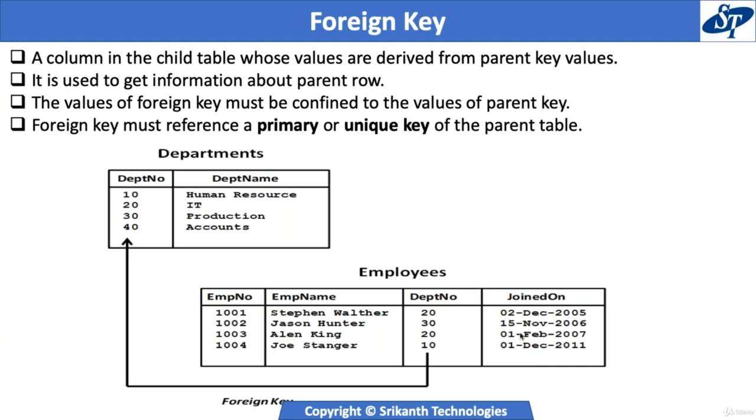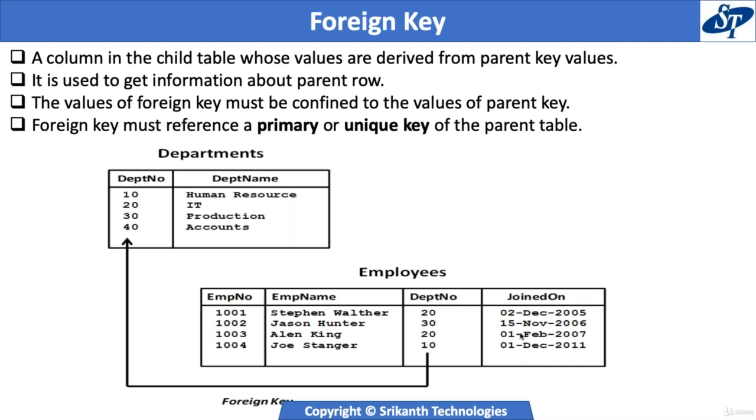So foreign key is a column that is going to refer to parent table, and using foreign key we access the row in the parent table that corresponds to the row in the child table. For example, employee 1003 belongs to department 20. So using that number, now I can go to departments table and find out that this employee belongs to department IT. So that's called a foreign key.